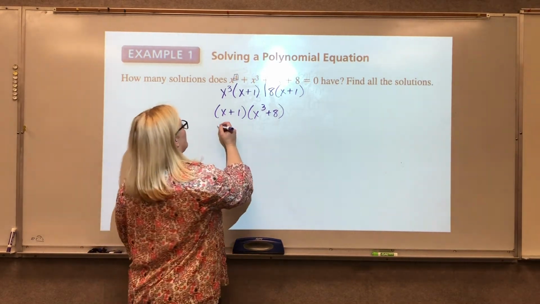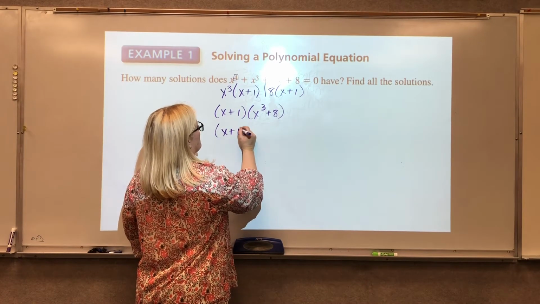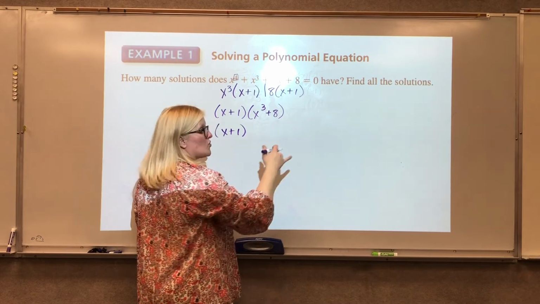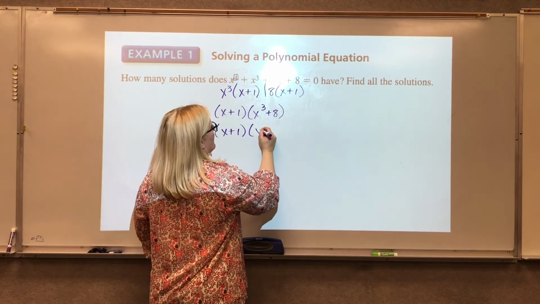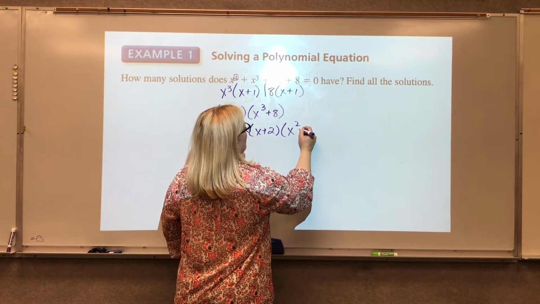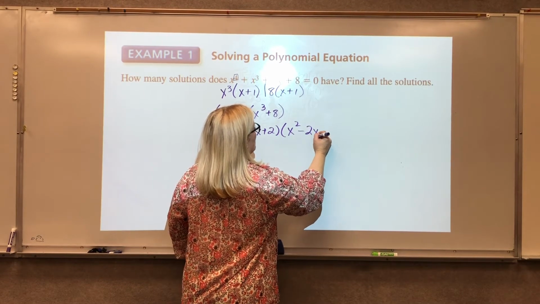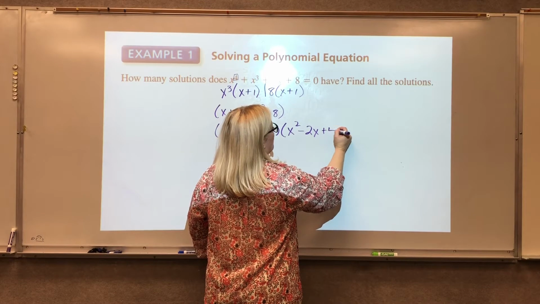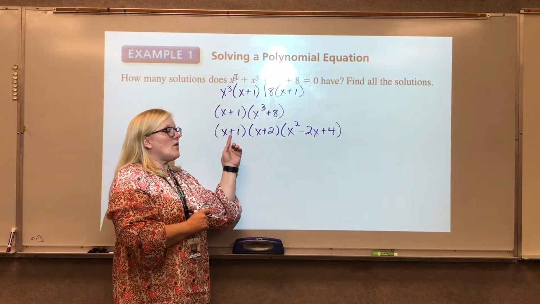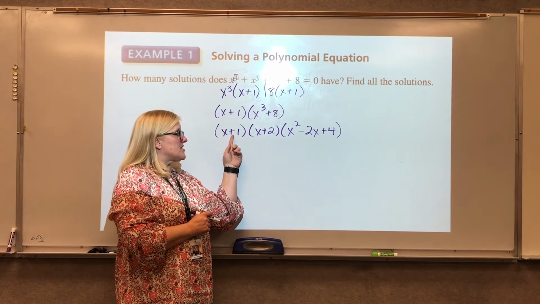So when I factor that, remember, 8 is 2 cubed. So I'm going to have x plus 2 times x squared minus 2x plus 4. Okay, so I've got one of my roots right here, it's negative 1.